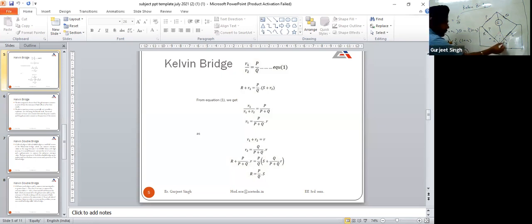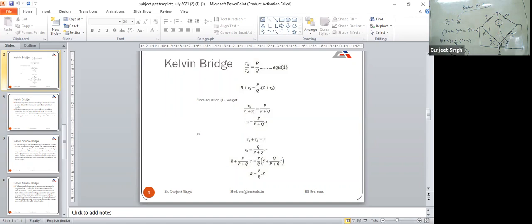This total resistance is the small r. When we put this value to solve this equation, the unknown resistance will come: R is equal to P upon Q S. R is the unknown resistance, so we derive this formula, R is equal to P upon Q S.